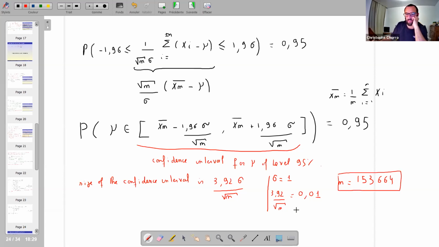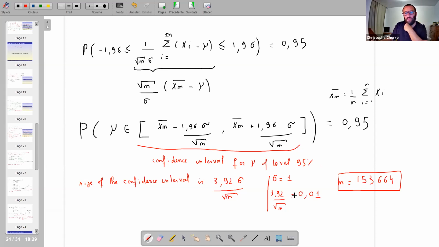So for a confidence interval of size 0.01, if my sigma is taken to be 1, I obtain for n this quantity to be sure to have a confidence interval of probability 95% and with a size that is 0.01.